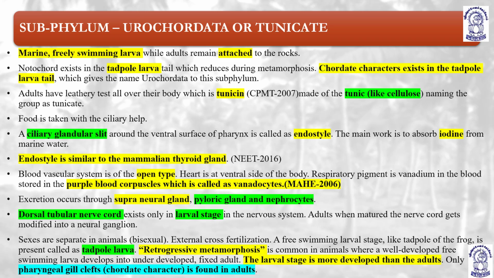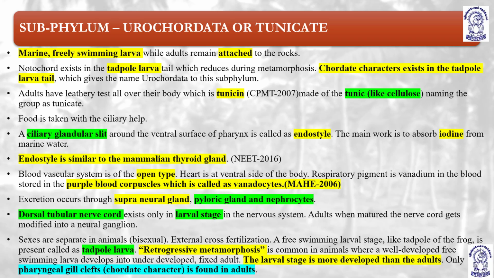So these two classes you remember. Acraniata are known as protochordates, and Craniata are known as euchordates, meaning the true chordates or the higher chordates.